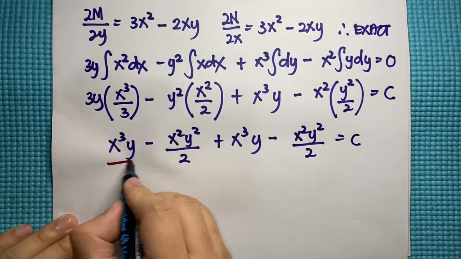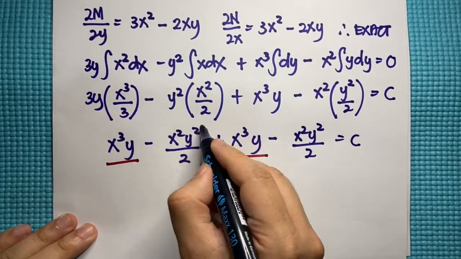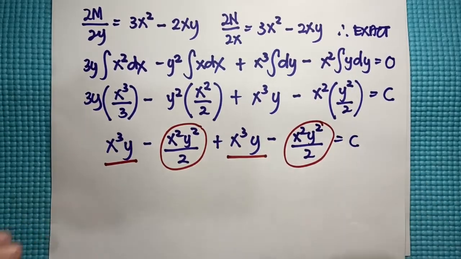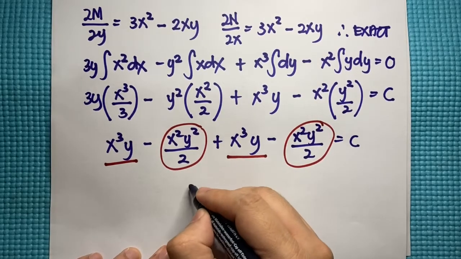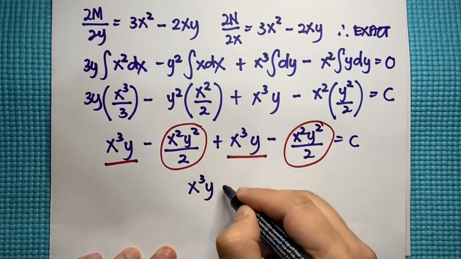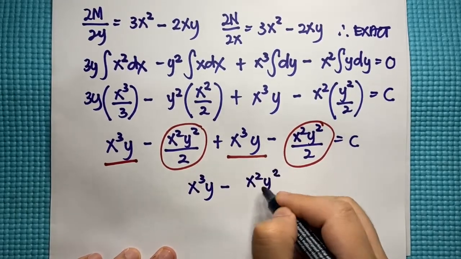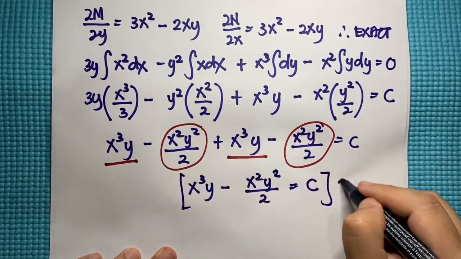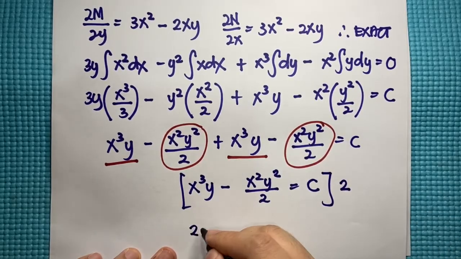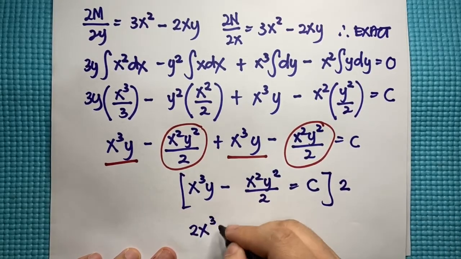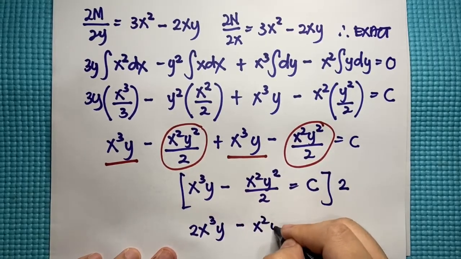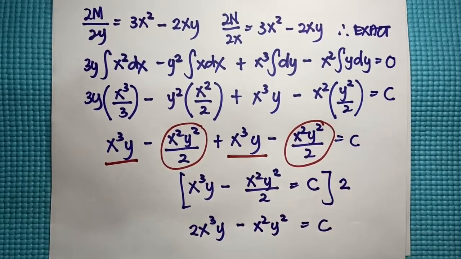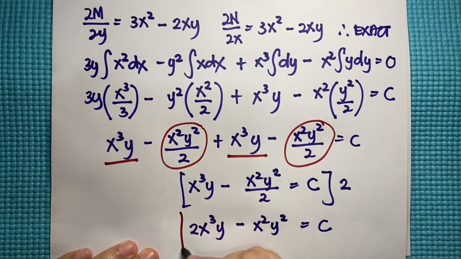Grouping like terms, we have x cubed y minus x squared y squared over 2 equal to c. Multiplying everything by 2, the general solution is 2x cubed y minus x squared y squared equal to c.